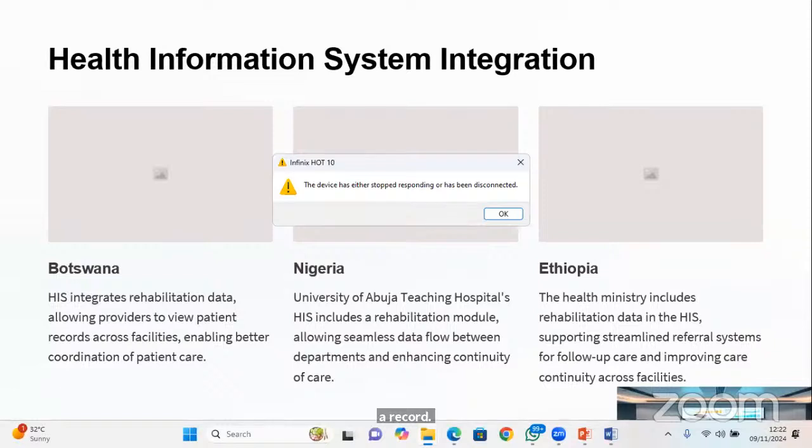In one example, they found inconsistencies in physical therapy documentation, and they put that facility on focus until they standardized their documentation practices, right?